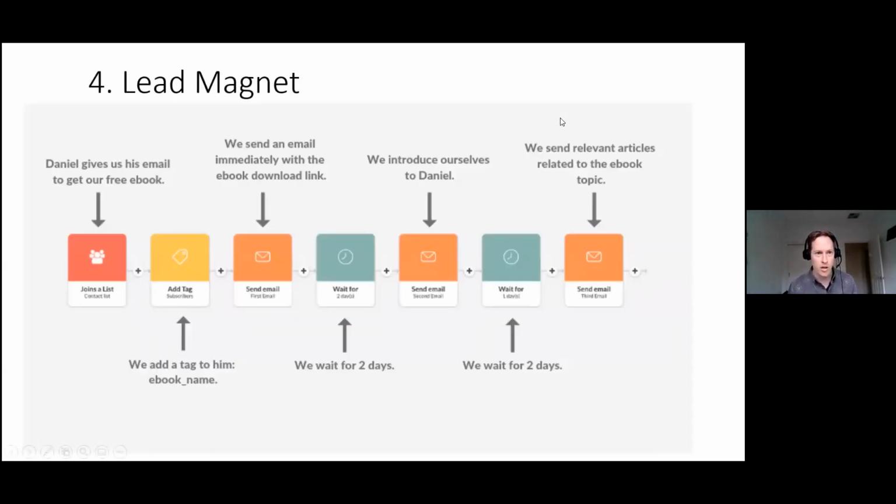And we'll just touch quickly on this last one, lead magnet. So again, this is an example where someone downloads the lead magnet or the resource. Then you have an email that says, thank you, here's the lead magnet, here's the ebook. You might then introduce yourself, or say, this is what else you might be interested in.